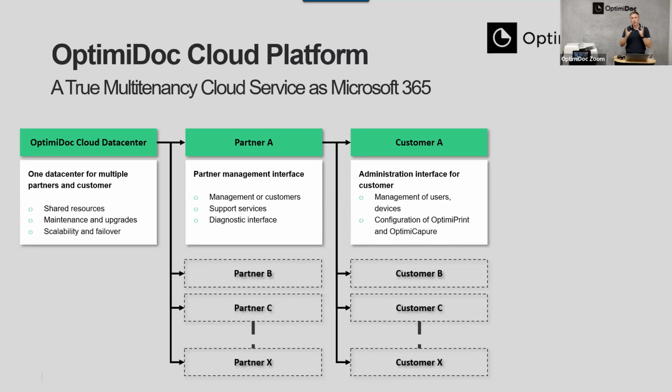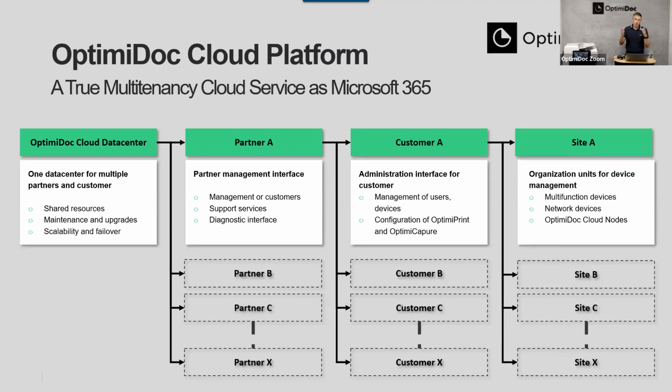We have the portal through which the partner can see all the customers they have implemented in the OptimiDoc Cloud, and each customer has the specific configuration, including the management of users, including the configuration of the OptimiPrint and OptimiCapture functionality. And of course, including some advanced settings like access rights or the integration with the Microsoft 365 or Google Workspace.